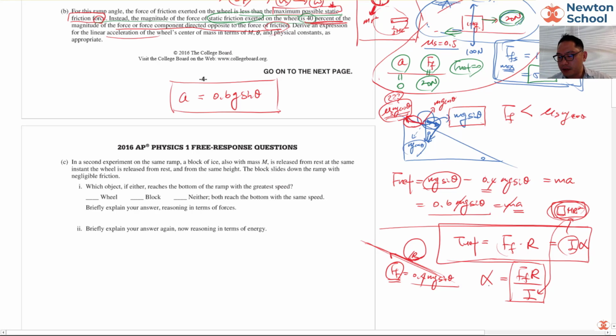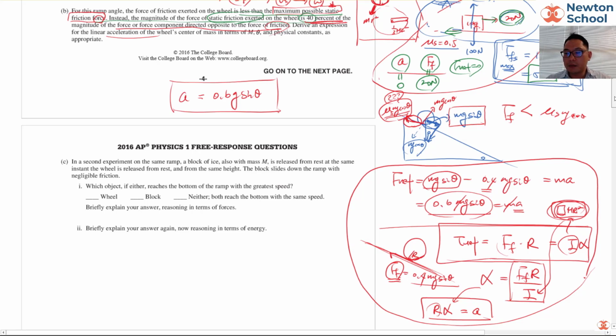Also, if you find alpha and multiply by R, this has to be the A that we calculated above, right? This was 0.6 g sine theta. This has to be A. That is the condition for rolling without slipping, okay? Sometimes they actually deal with this. That's why I'm explaining this, all right? Move on.